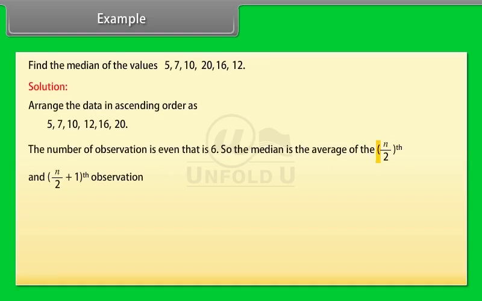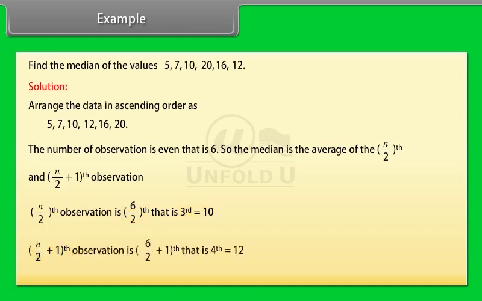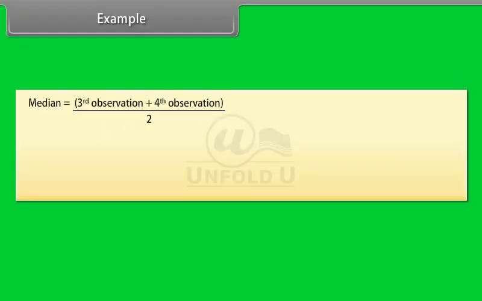So, the median is the average of the (n by 2)th and (n by 2 plus 1)th observations. The (n by 2)th observation is 6 by 2, that is, third, equals 10. The (n by 2 plus 1)th observation is 6 by 2 plus 1, that is, fourth, equals 12. Median is equal to (third observation plus fourth observation) by 2, which equals (10 plus 12) by 2 equals 11.